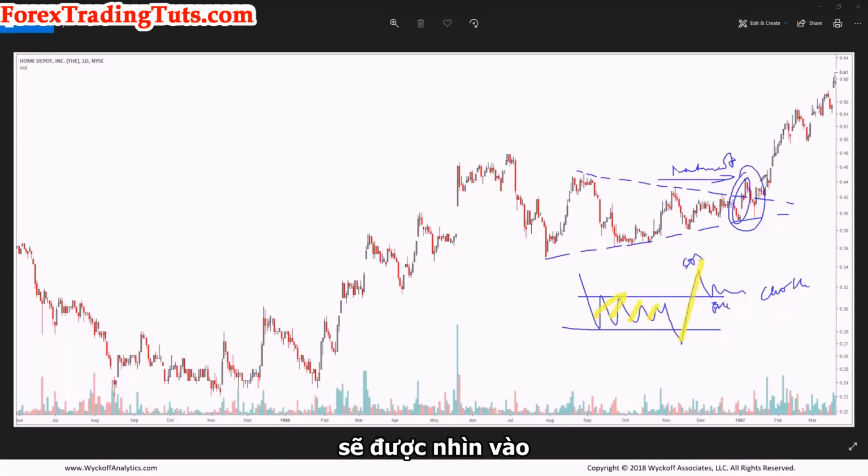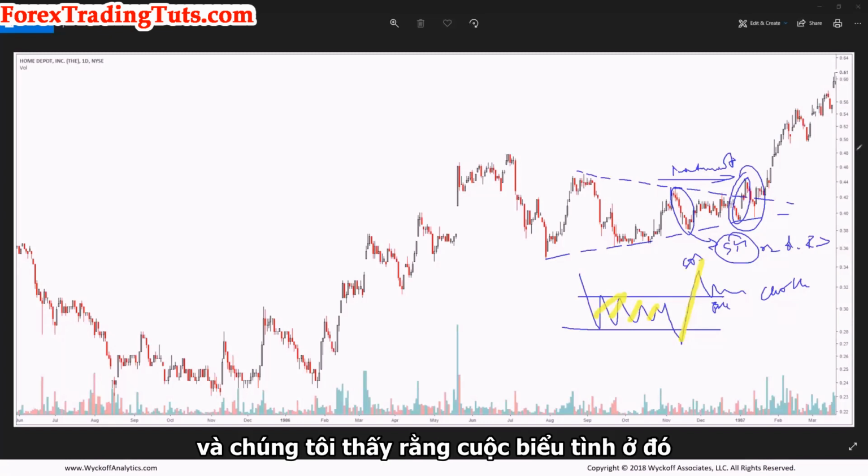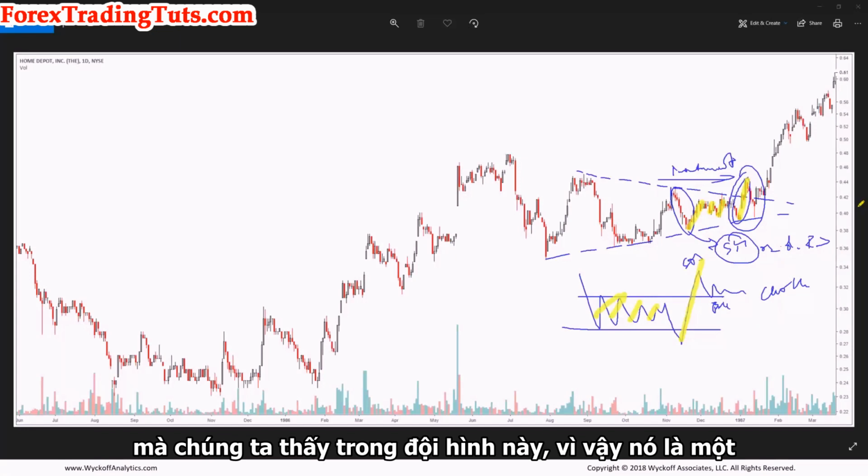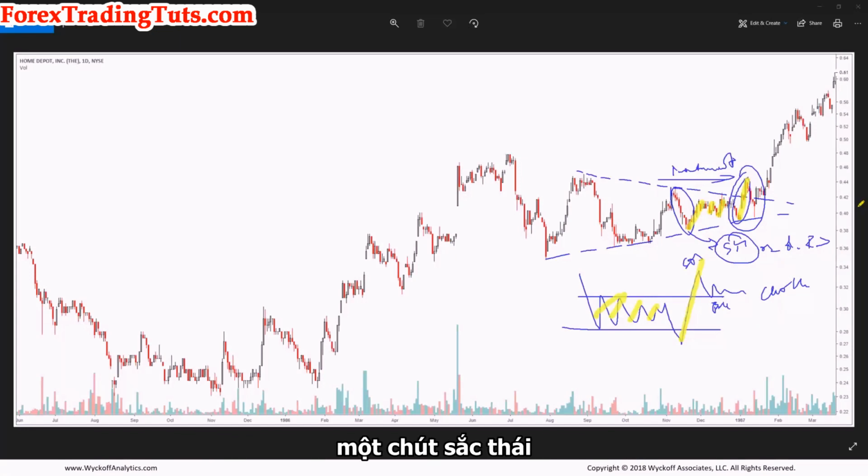So we would be looking at all of the rallies that occur after the last point where supply has increased or supply has produced some kind of downward result that was exceeding the result to the downside before. And we see that this rally is basically the best rally that we see in this formation. So it's a little bit of a nuance.